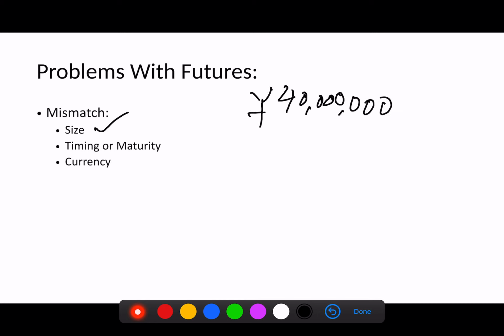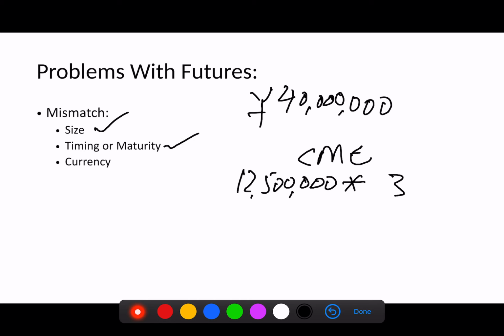The issue is that on the Chicago Mercantile Exchange, you are able to buy only 3 contracts of Japanese yen, and because each contract covers 12,500,000, you will be able to hedge your position of 37,500,000 units of yen. The rest, 2,500,000, remains unhedged. So this is the size issue.